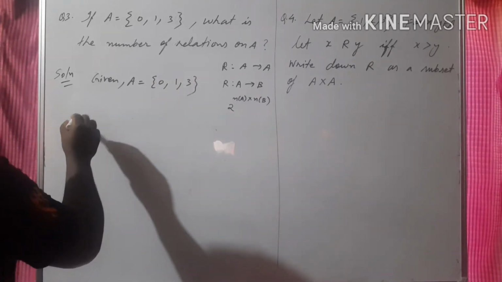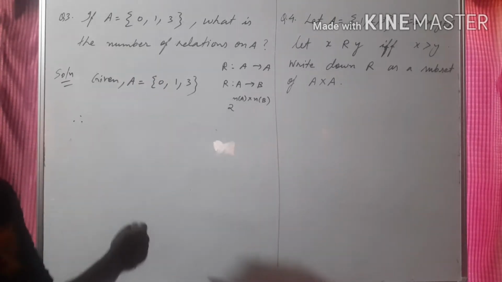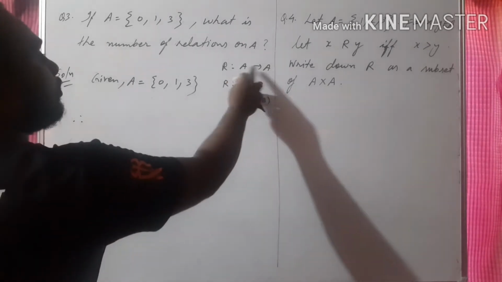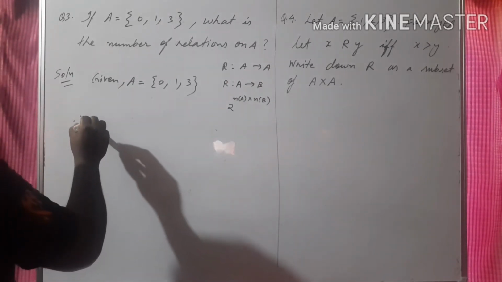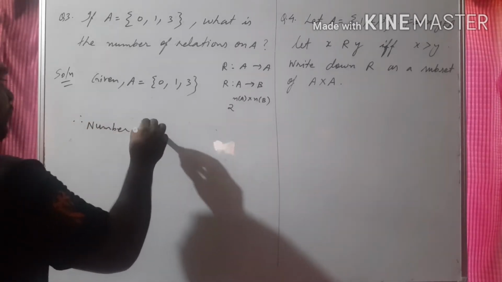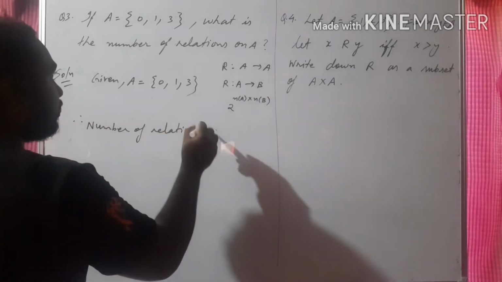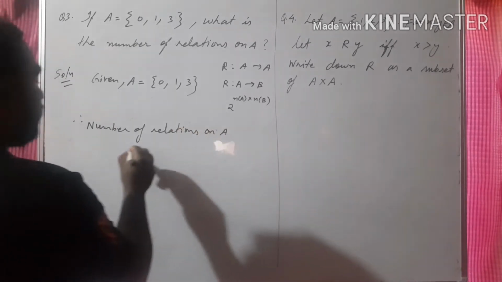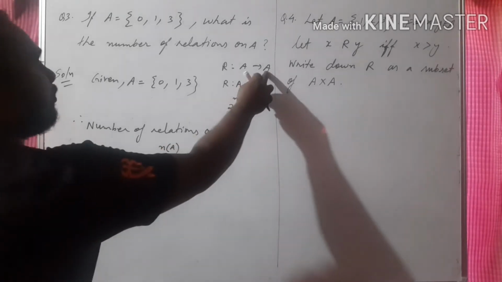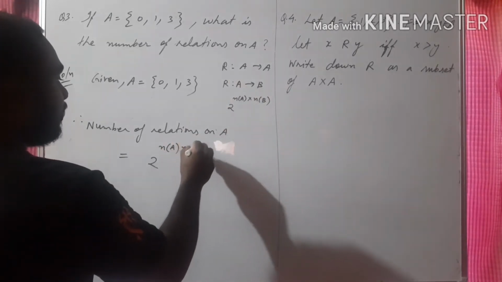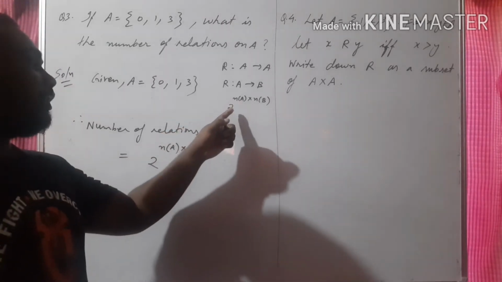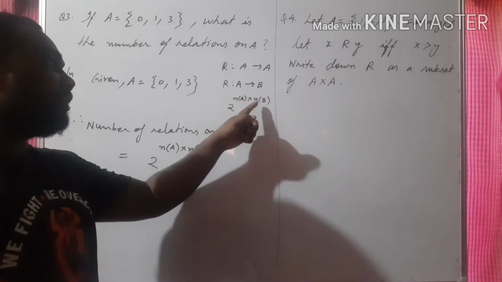Therefore the relation is defined on A, so it is going from A to A. So the number of relations on A will be equal to 2 to the power NA. In place of B I have A only, isn't it? So NA only. So its formula is what? Now 2 to the power cardinality of A into cardinality of B.